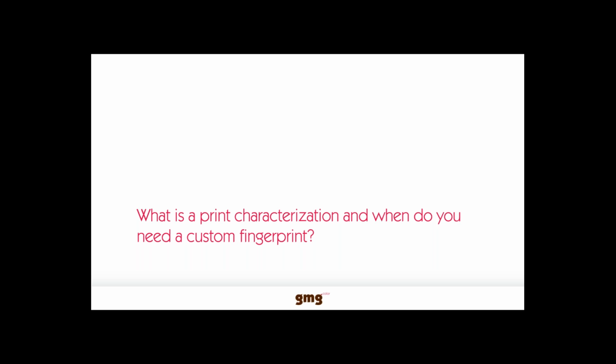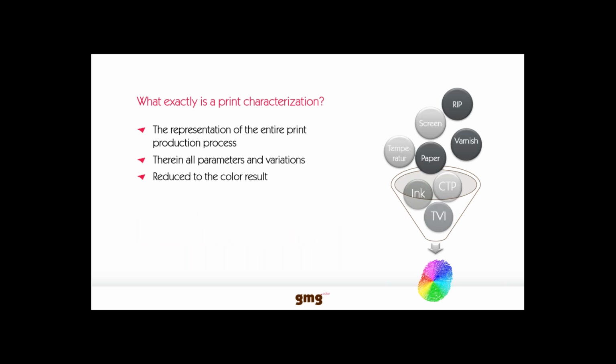Let's start with the question: what exactly is a print characterization? I think this definition matches quite well. A print characterization is the representation of the entire print production process, including all parameters and variations, reduced to the color result.